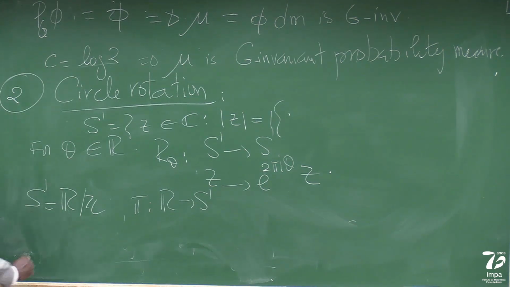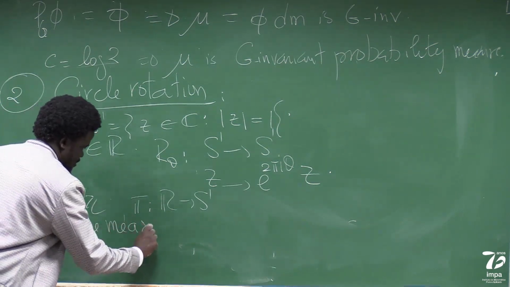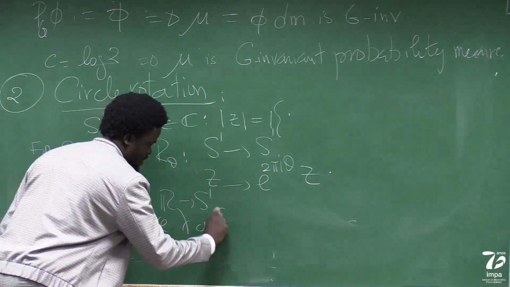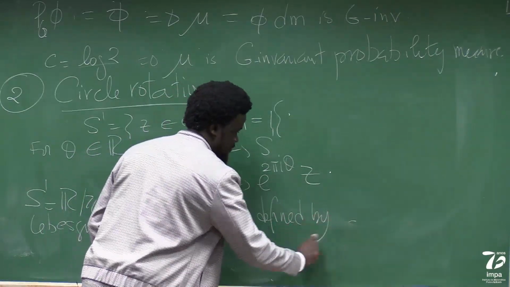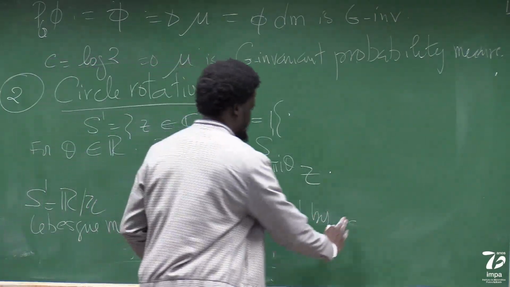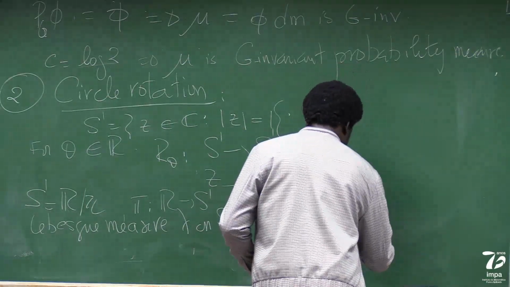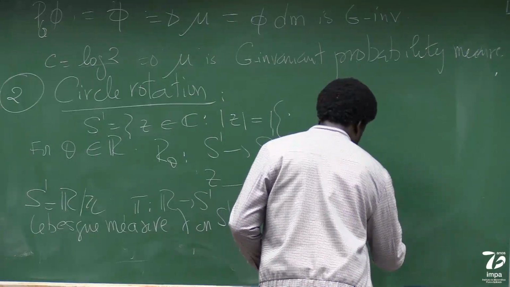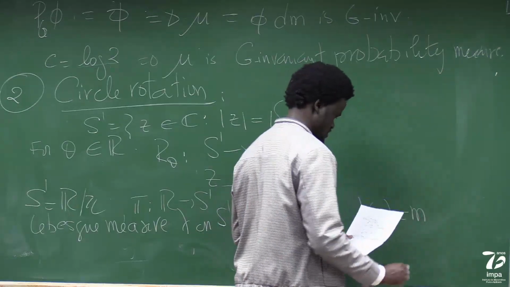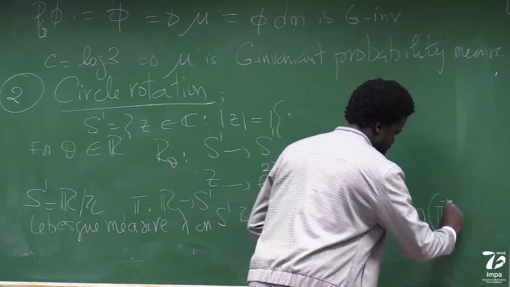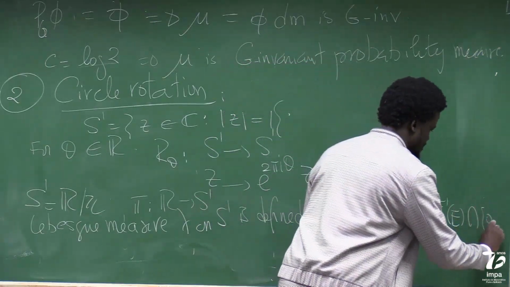So the Lebesgue measure lambda on S1 is defined by lambda of E equals the Lebesgue measure of P minus 1 of E. You just pick a fundamental domain which is 0, 1.